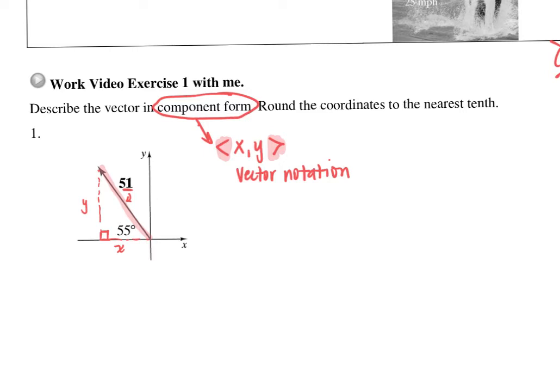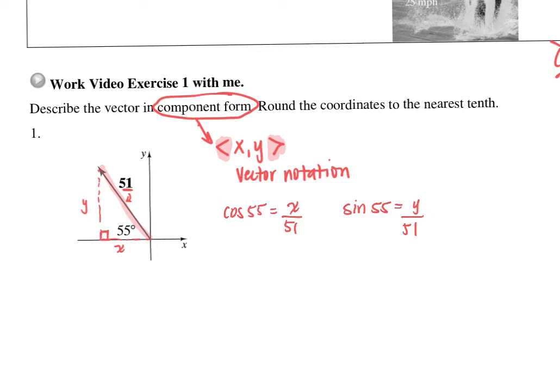So we go ahead and use sine and cosine ratios to find x and y. So we can say that cosine of 55 is equal to adjacent over hypotenuse, so x over 51. And we can say that sine of 55, which is opposite over hypotenuse, is y over 51.